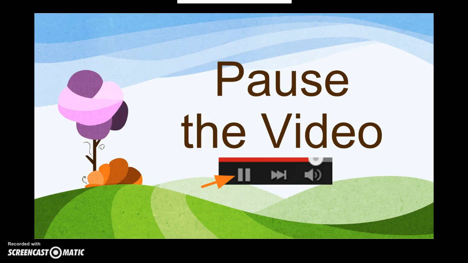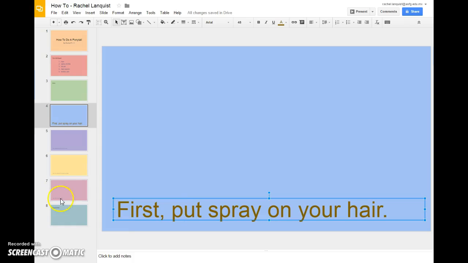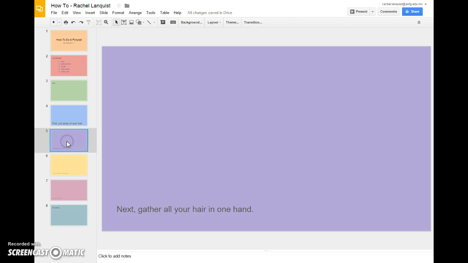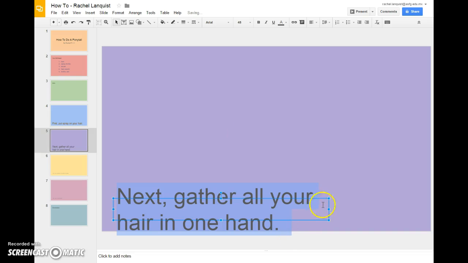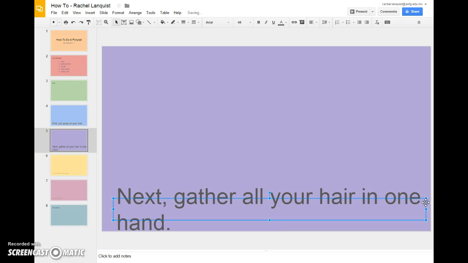Now I'm going to do that same thing on my second step. So I'm going to click on the second one. Click, hold down, highlight, make it bigger. And if I need to, I'm going to put the arrow in the middle and click, hold, and pull it out. Okay?